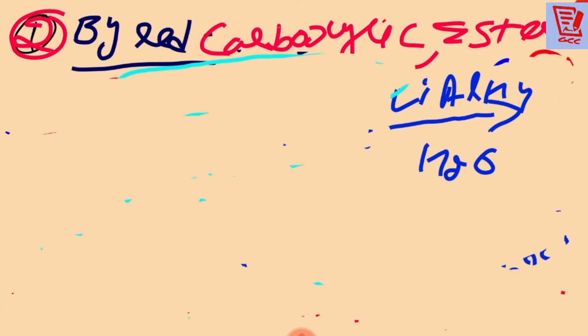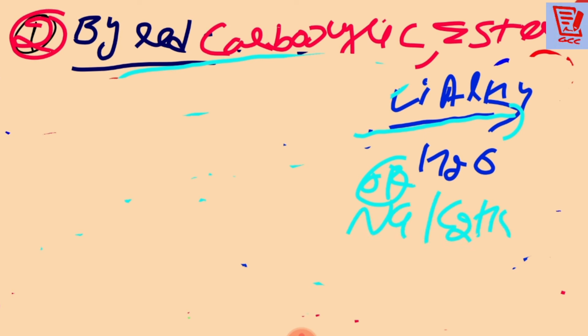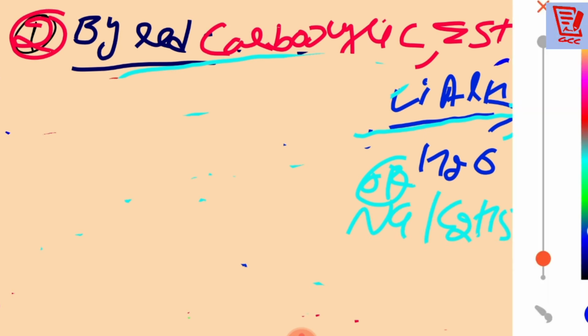Now you can use sodium and alcohol also in place of lithium aluminium hydride, no issue. But just remember, for the carboxylic acid you will use only lithium aluminium hydride and water, but in esters you can also use sodium and alcohol.